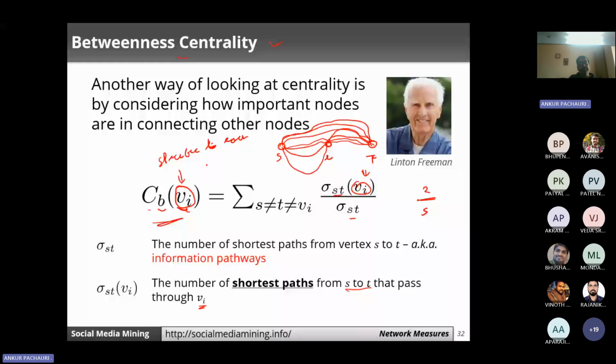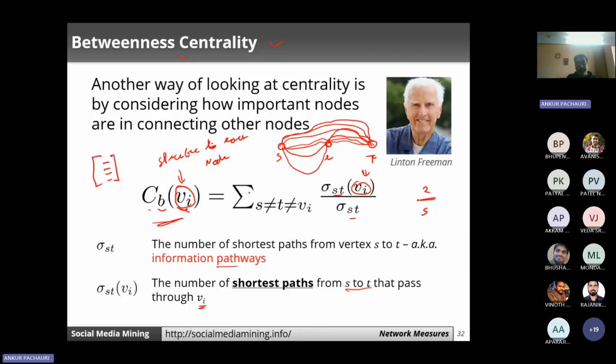That means betweenness centrality will again be a vector, like eigenvalue centrality, but here I'm bothered about how many times all the paths pass through that node, divided by the number of shortest paths from S to T, and we call it the information pathway.